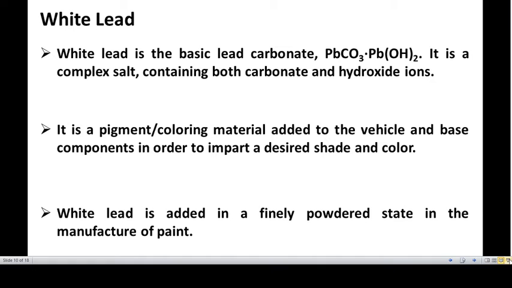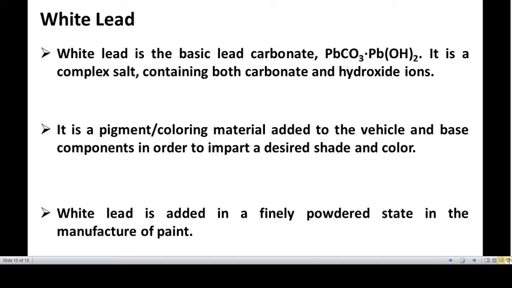One of the very important raw materials, that is a pigment called white lead, is used in the manufacture of paint. It actually contains carbonate and hydroxide ions of lead, so it is also called basic lead carbonate, meaning it contains lead carbonate and lead hydroxide.